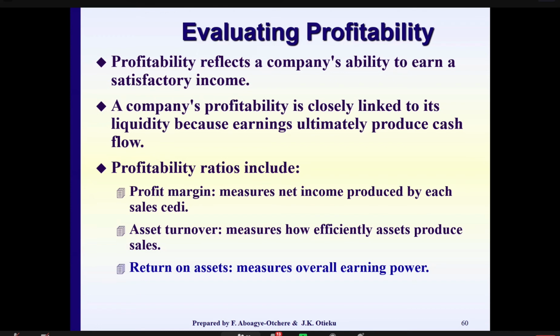So when you make the profits and the profits are used to acquire non-current assets, then that is possible. But it is also possible for an entity that is loss-making to be highly liquid.